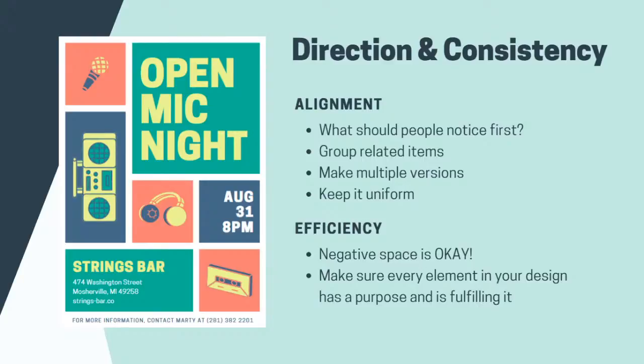And same for the Strings Bar, Washington Street, etc. This keeps your eyes going down in that direction just like they're supposed to. I'll show you in a second why even slightly altering this design makes it less effective. And so that's direction and consistency. You're leading your audience and you're consistent with your design throughout.